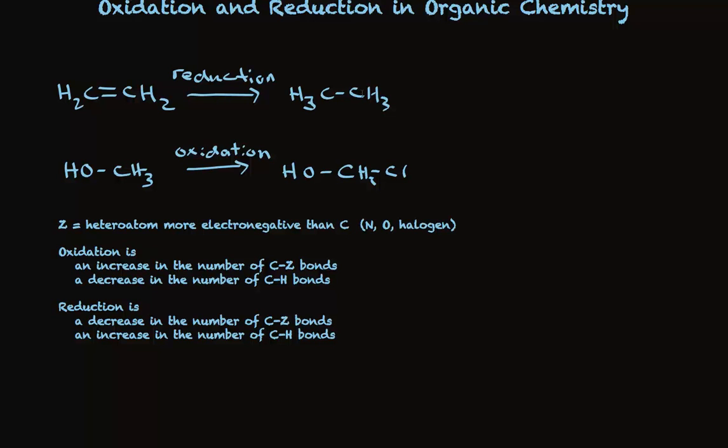In the second example, there is 1 CZ bond and 3 CH bonds. In the product, we have 2 CZ bonds, and we've decreased the number of CH bonds. So this clearly is an oxidation.